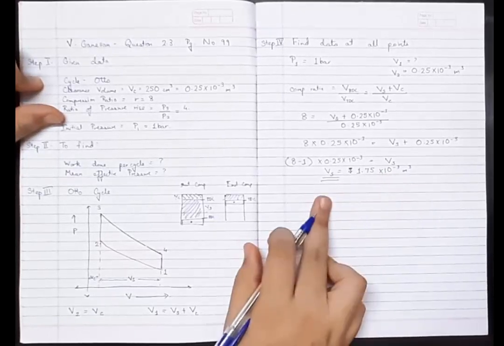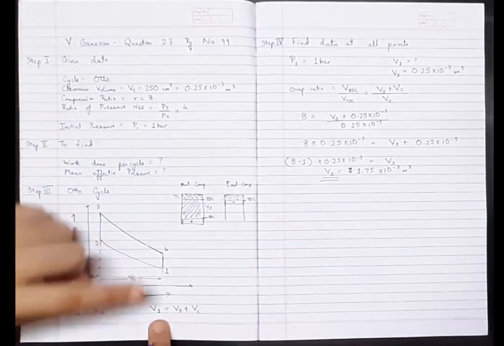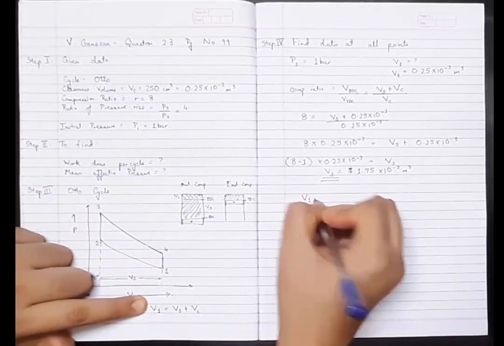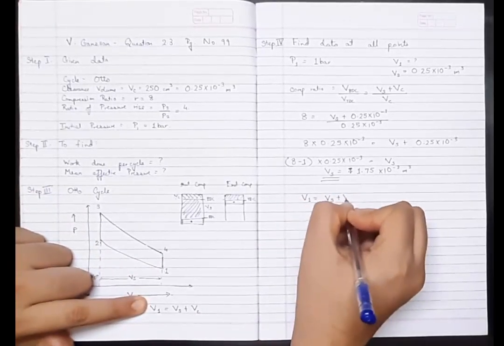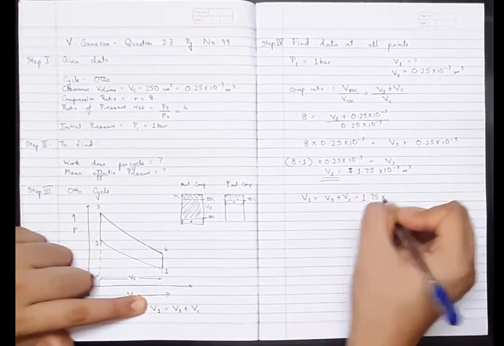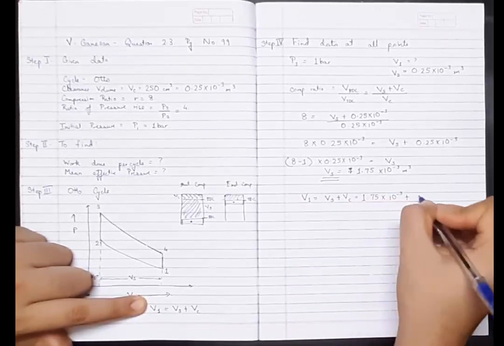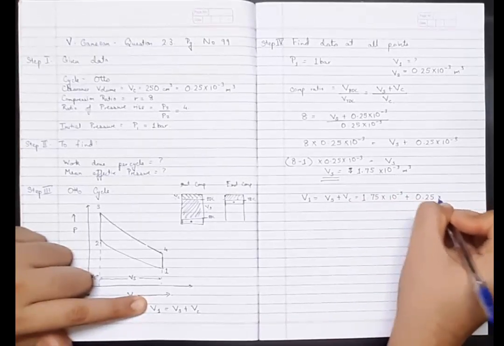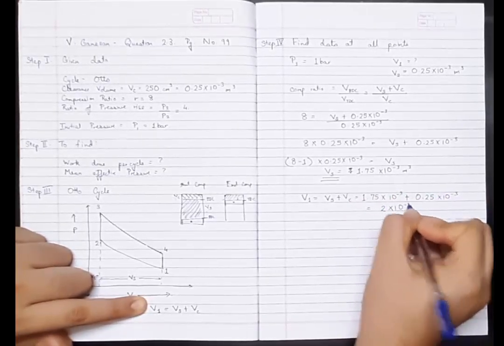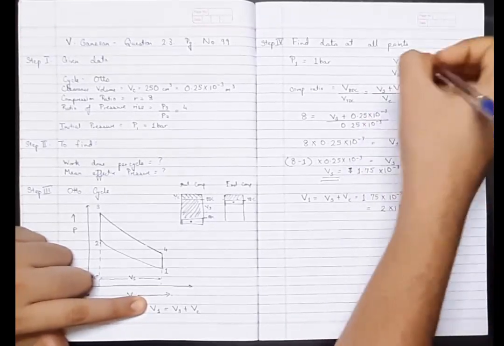This is my Vs. Now what do we know about V1? V1 is Vs plus Vc, which is 1.75 into 10 raised to minus 3 plus 0.25 into 10 raised to minus 3, which comes out to be 2 into 10 raised to minus 3 meter cube. So we know V1.